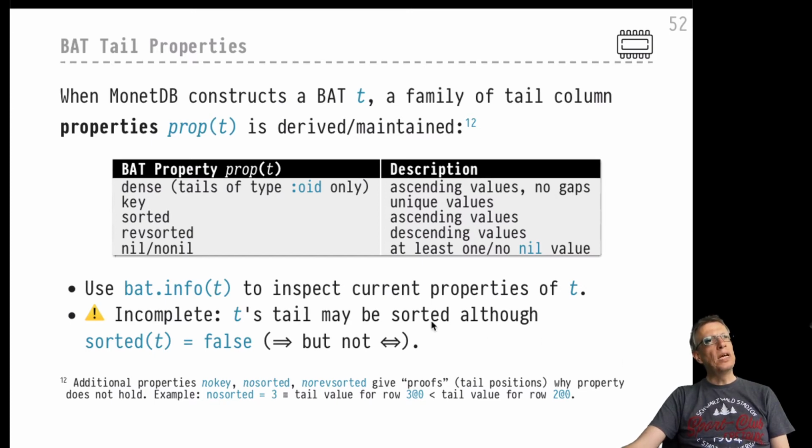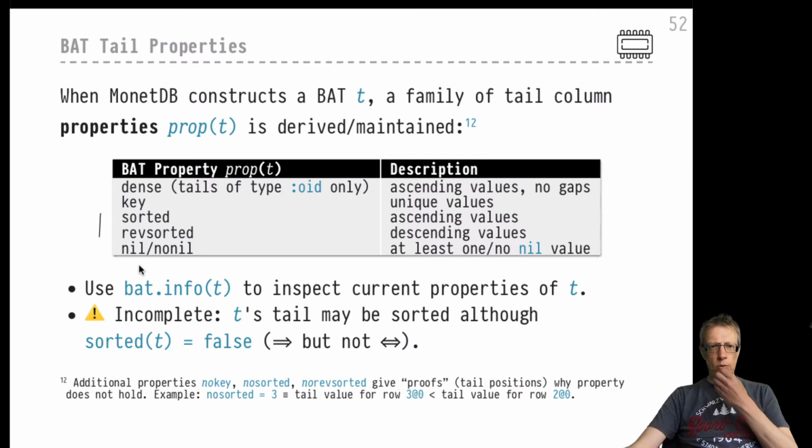There are combinations that make sense of these properties that MonetDB uses to indicate particular specific situations. For example, consider the meaning of a column that has the two properties sorted and ref sorted.